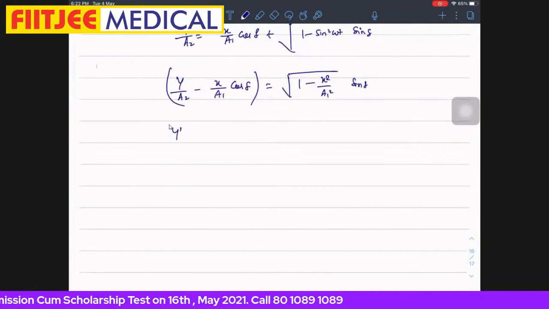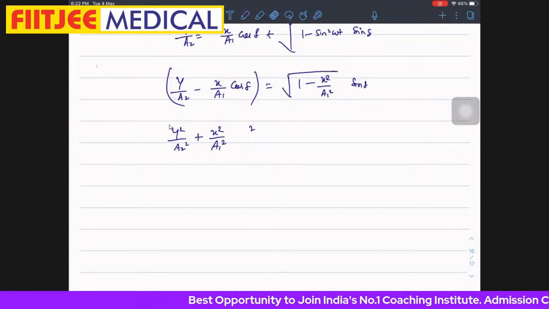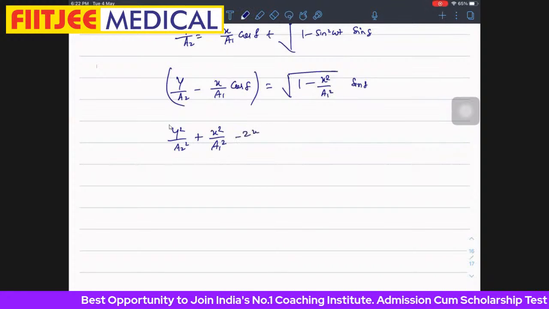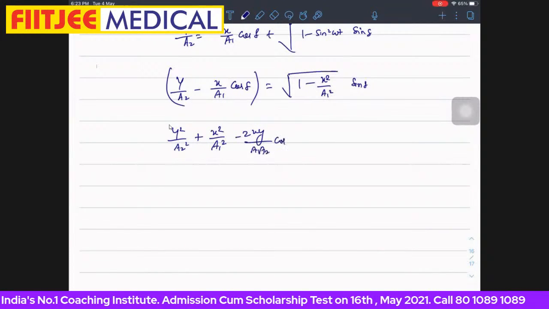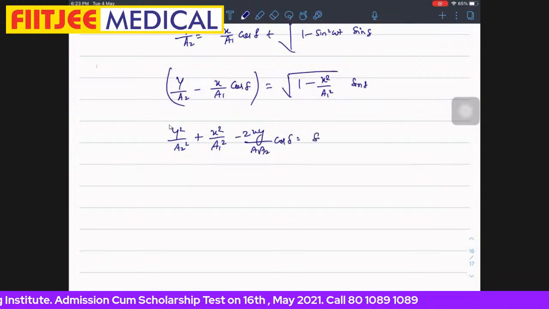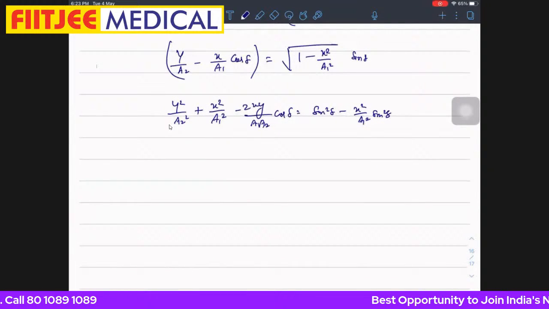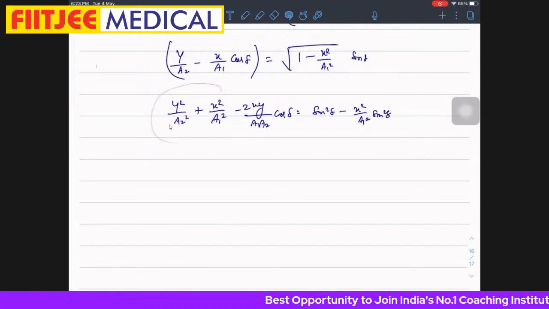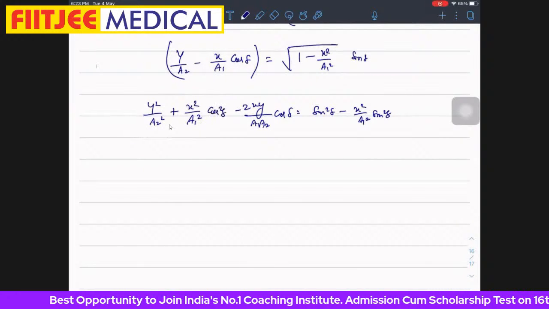If I square both sides, I'll get y square by a2 square plus x square by a1 square cos square delta minus 2xy by a1 a2 cos delta equals sine square delta minus x square by a1 square sine square delta. Here the cos square delta term I had missed.